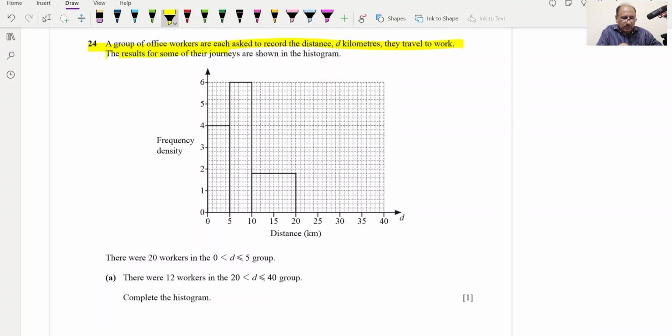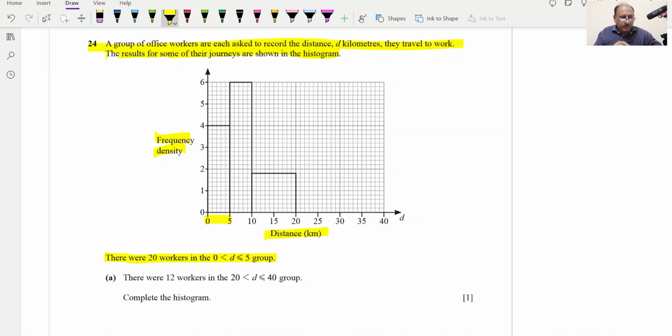The results for some of their journey are shown in the histogram. This side is distance, this side is frequency density. So there were 20 workers for 0 to 5. So 0 to 5 is this distance.